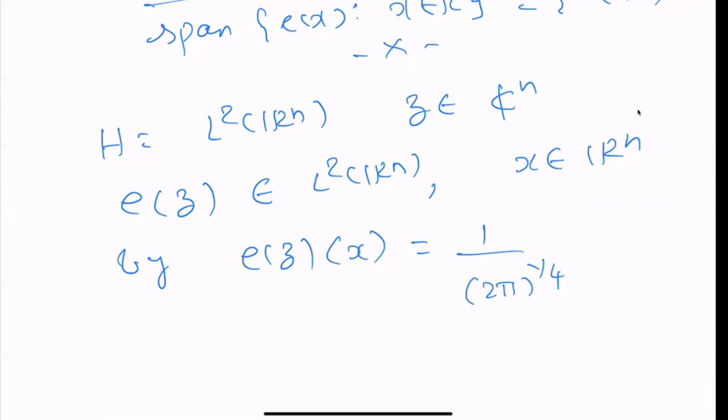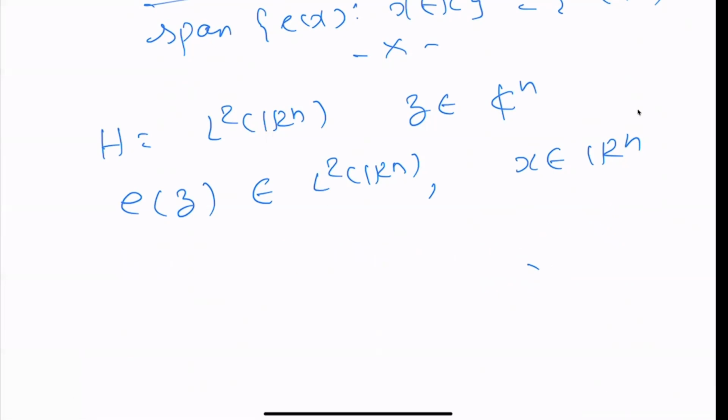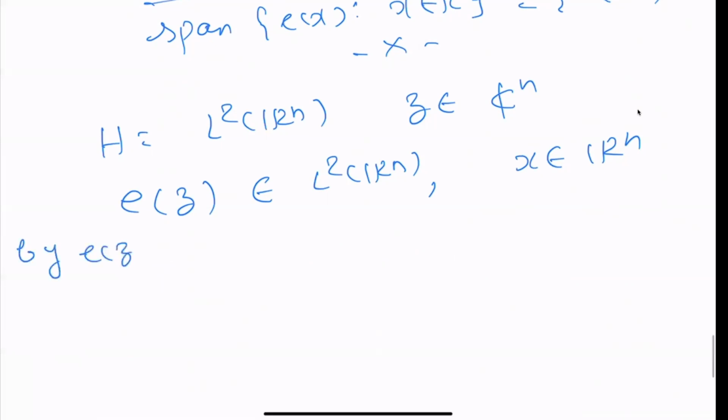See, what is happening is there is this density for the normal. I have to take the square root of the density. I will tell you why. So E of Z acting on x is equal to 1 by 2 pi power 1 by 4 into exponential minus summation.